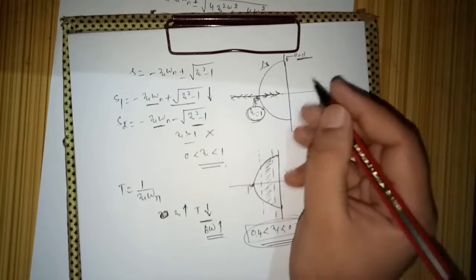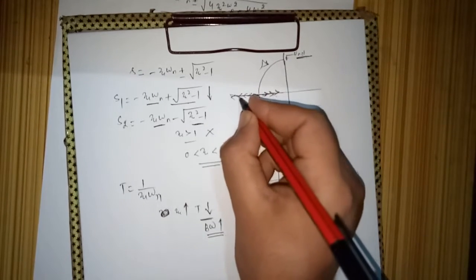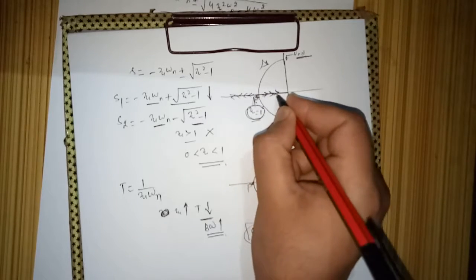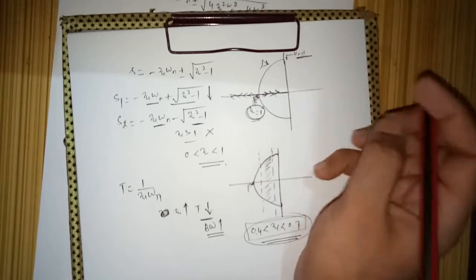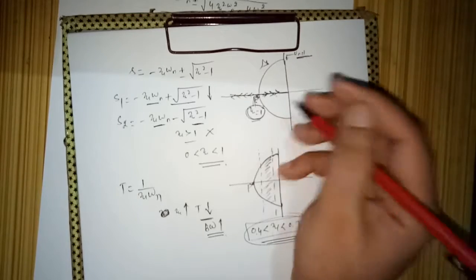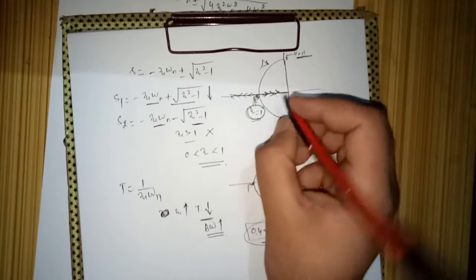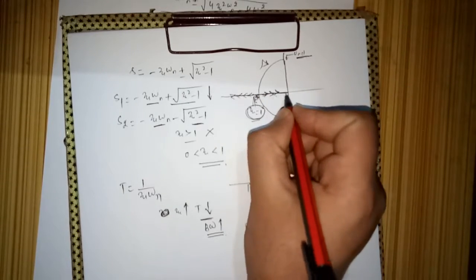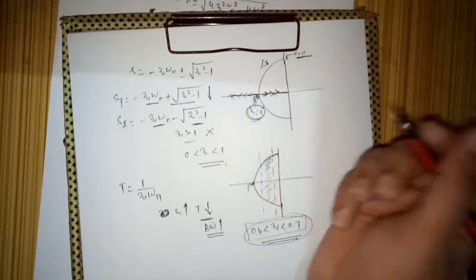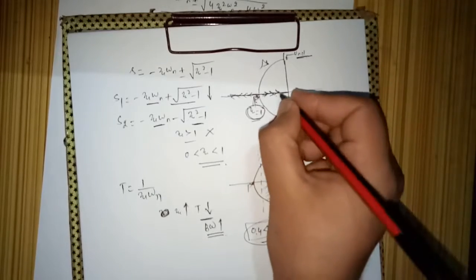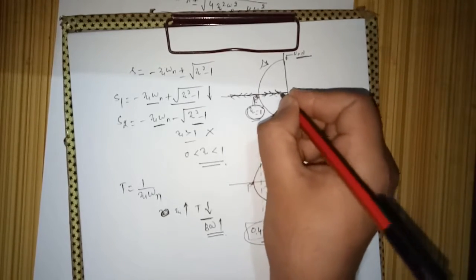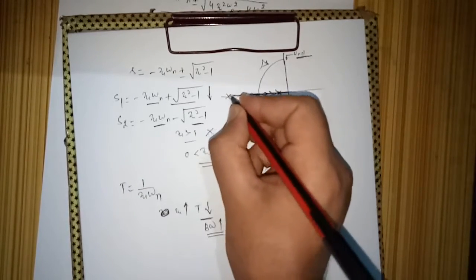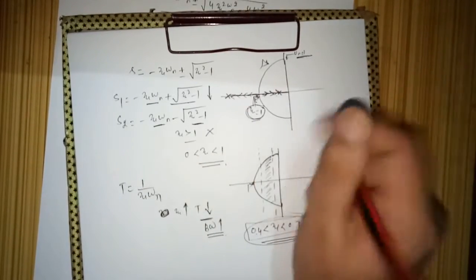Why? Because as this pole is moving away, this other pole is moving toward the imaginary axis. When we see the dominant pole concept, if a system has two poles, one is moving this way, one is moving this way. Now at some point of time this pole dominates, and this pole will be out of the picture very soon, right?